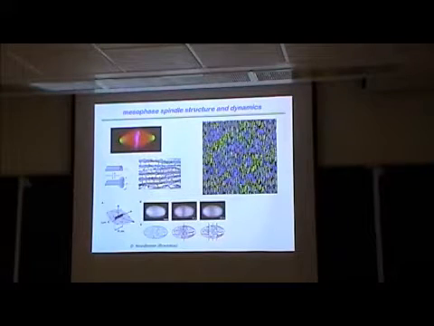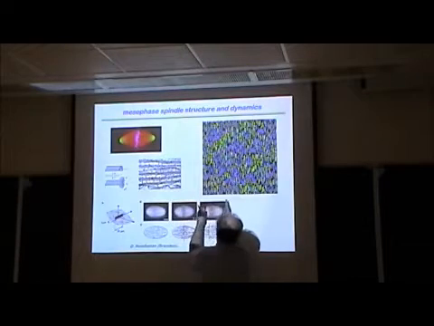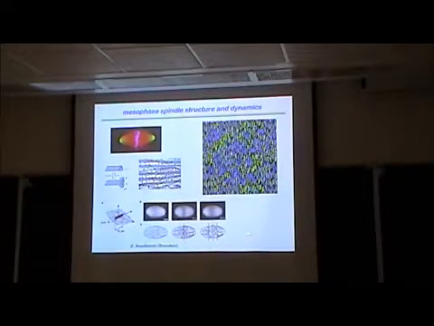This is a recent experiment by Dan Needleman where they use a femtosecond laser pulse to cut the spindle, and then they can watch this front expand and move across the spindle.